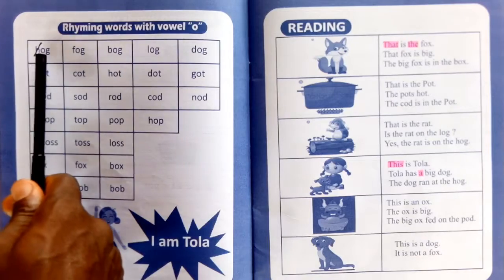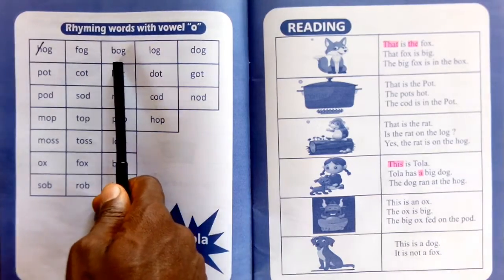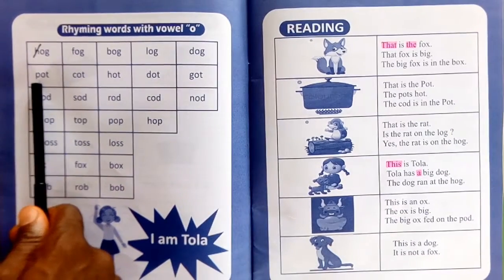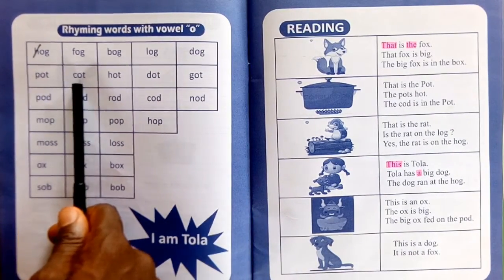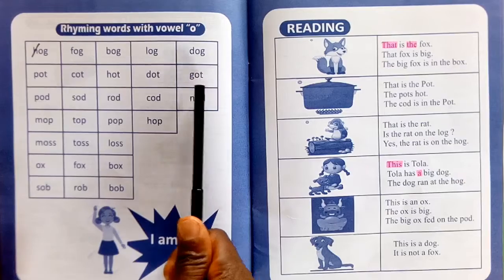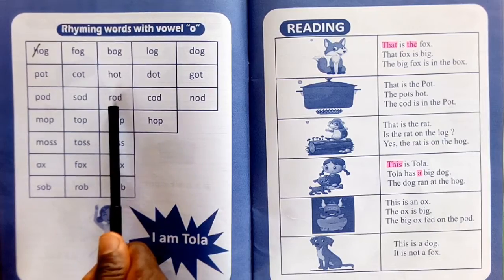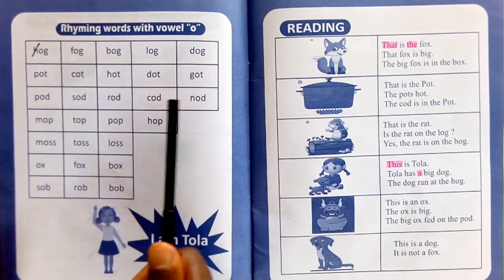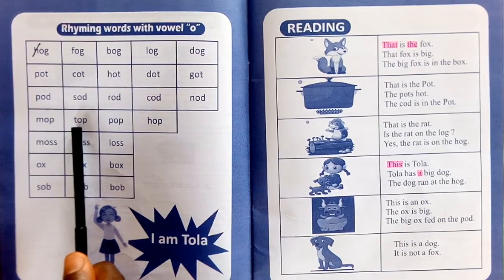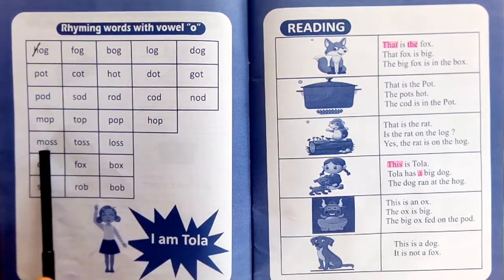So we move on and say og, fog, bog, log, dog, pot, cut, dot, got, pod, sod, rod, cord, nod, mop, top, pop, up, mouse.